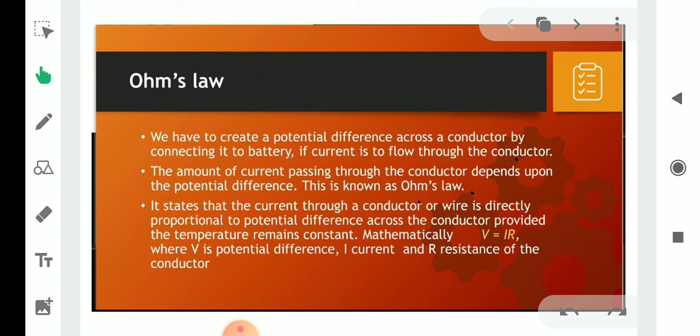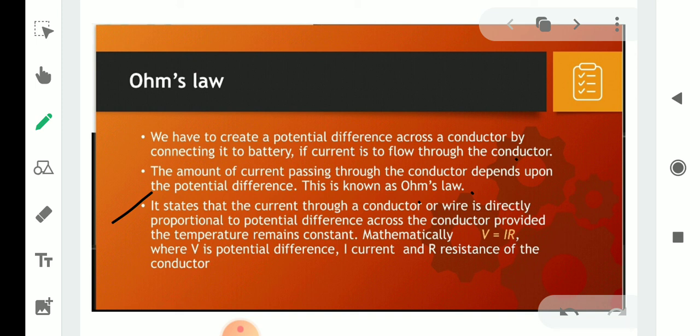According to Ohm's law, the current flowing in a conductor is directly proportional to the potential difference. So what is the statement? It states that current through a conductor is directly proportional to potential difference, but the temperature of the conductor should remain constant. Once again let us state Ohm's law.